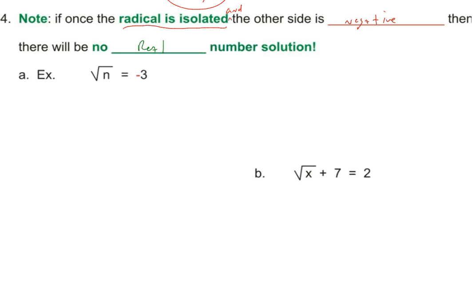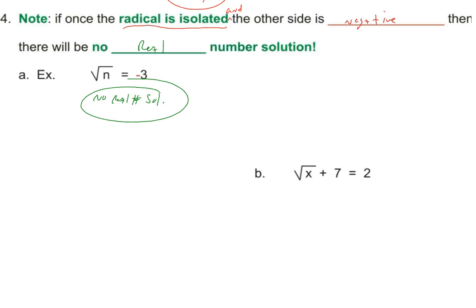And you look at A and you say, oh, the radical is isolated and the opposite is negative, and so you say, no real number solution. And that's your answer. Now you got to say that because you got to demonstrate to me that you know that there's no real number solution. If you just leave nothing there, then all I know that you know is nothing. All right? And nothing's not the answer. It's no real number solution.